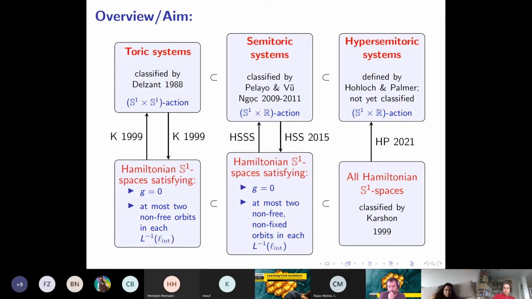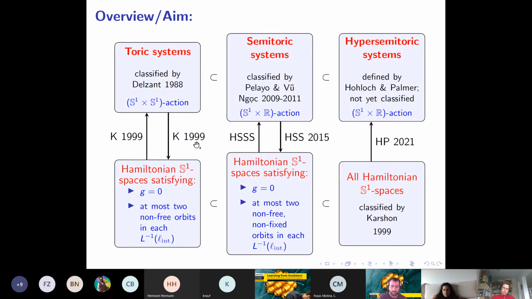And what she managed to do, here on the bottom left, given a couple of conditions on the genus of the fixed surfaces and on the number of non-free orbits in the level set, so when I cut vertically through this graph, then she could actually lift it to a toric system. And she noticed that if I have a toric system and I project, I end up here. And this is certainly nice because toric systems are the nicest and easiest case of integrable systems you can find. So it technically means you have a system that has 2 S1 symmetries.